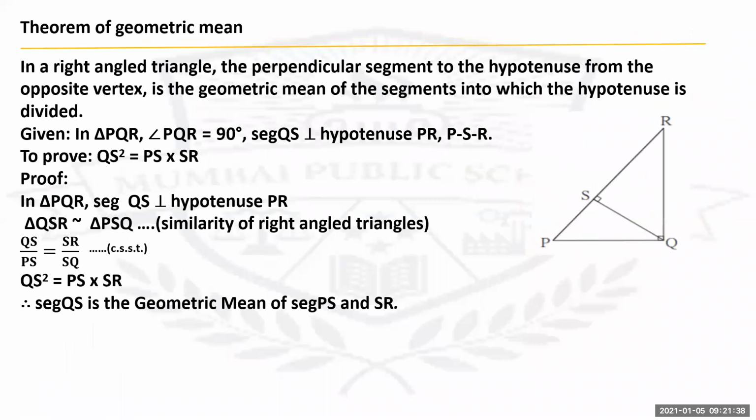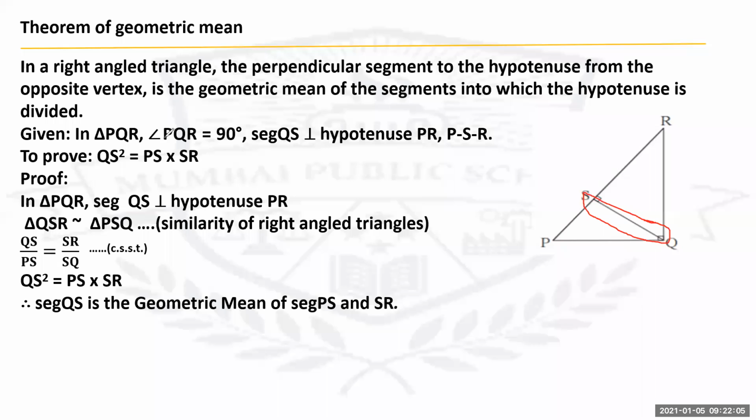Theorem of geometric mean. In a right angle triangle, the perpendicular segment to the hypotenuse from its opposite vertex is the geometric mean of the segments into which the hypotenuse is divided. Understand this. Now check what happens here: QS is the geometric mean.